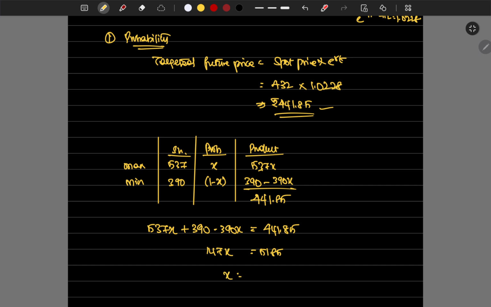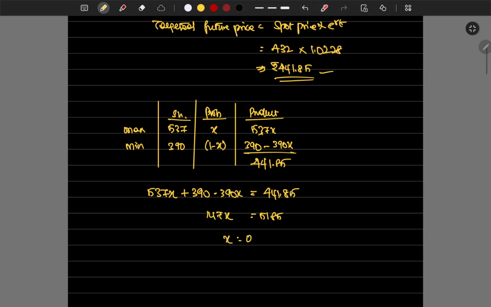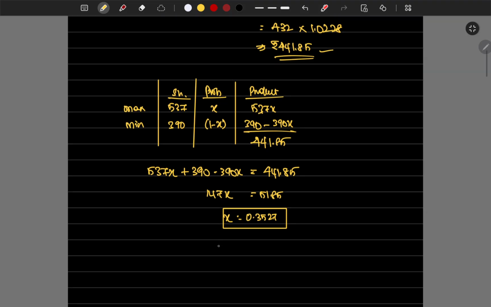So x is equal to 51.85 divided by 147, which is 0.3527. This is our x. Let's find 1 minus x, which is 0.647. Yes, we have found the probabilities of both values.